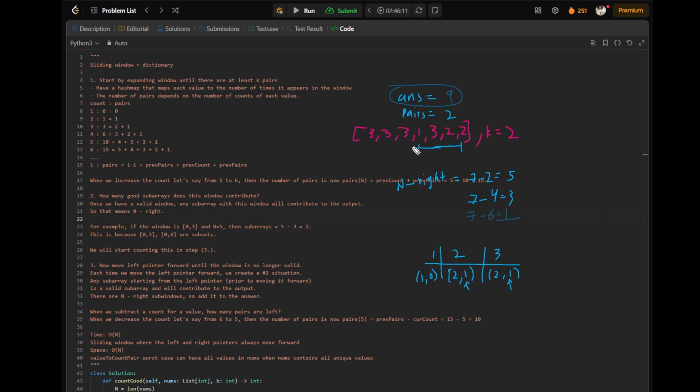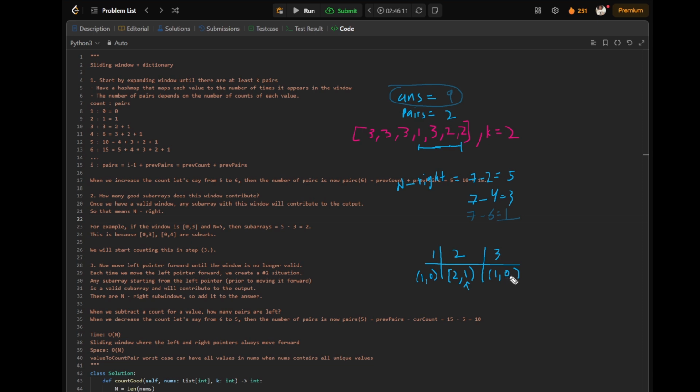So in this case, once we have 3 removed, we're going from 2 3s to 1 3. The number of pairs is decreased from 2 to 1, and the number of pairs is from 1 to 0. The count of 3 is from 2 to 1. So therefore, 1 pair is lost.